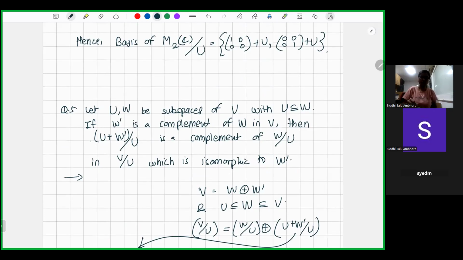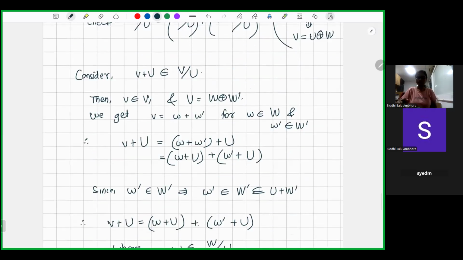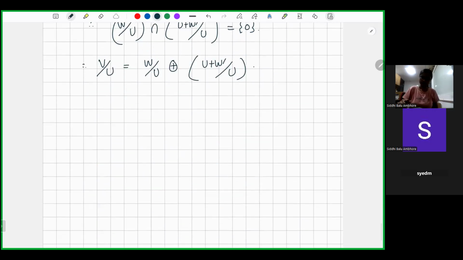That's what we also have to prove, that this space here is isomorphic to W dash. So to show now, this U plus W dash quotiented by U is isomorphic to W dash. This is what we have to show now, the remaining part.